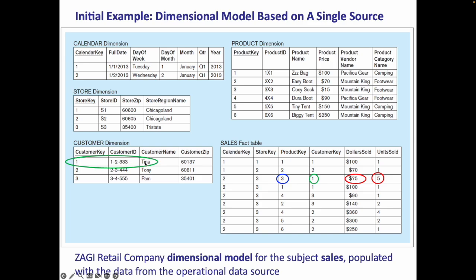Tina bought this product number 3, which is here, a cozy sock. How many? 5. You have the units sold and also the amount that she paid in total.